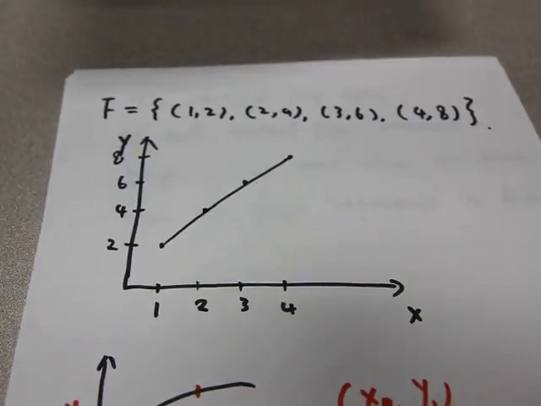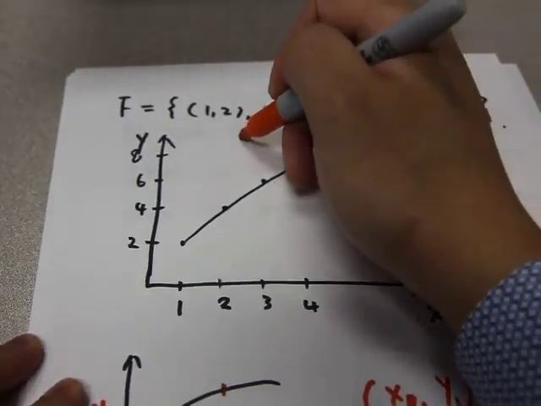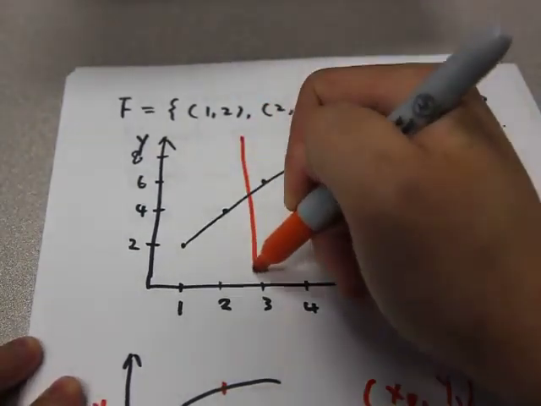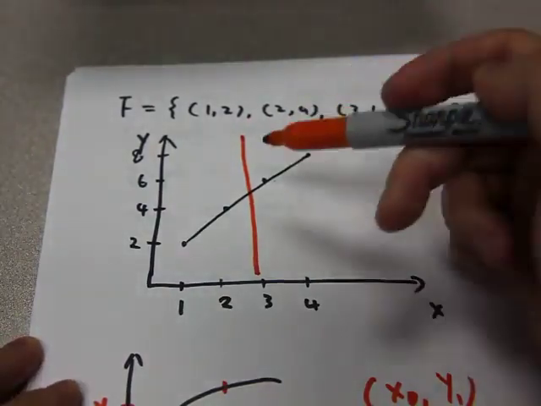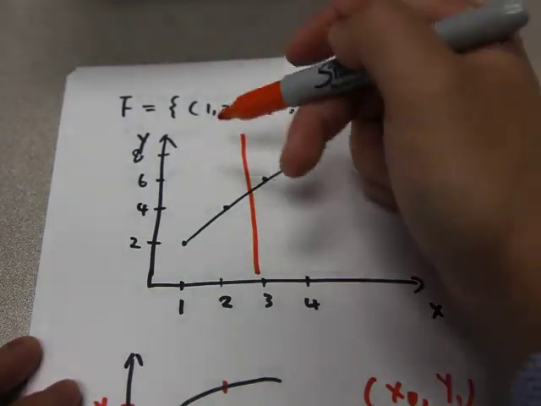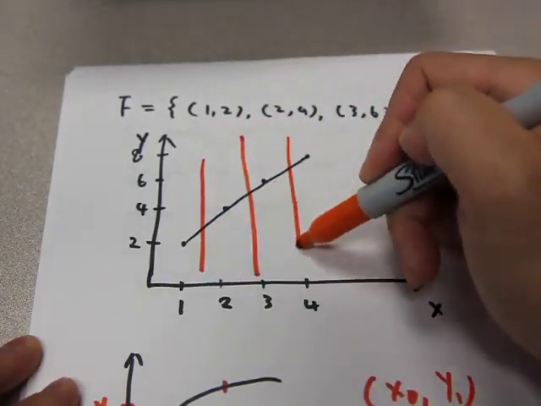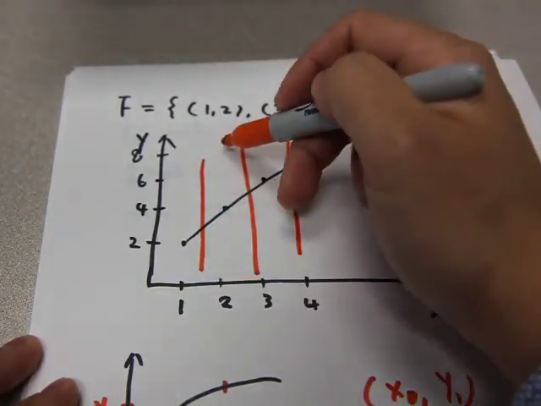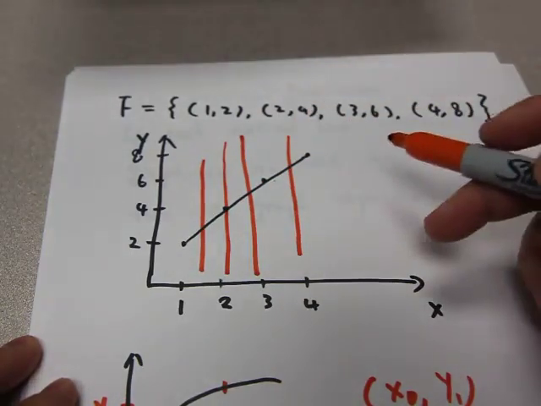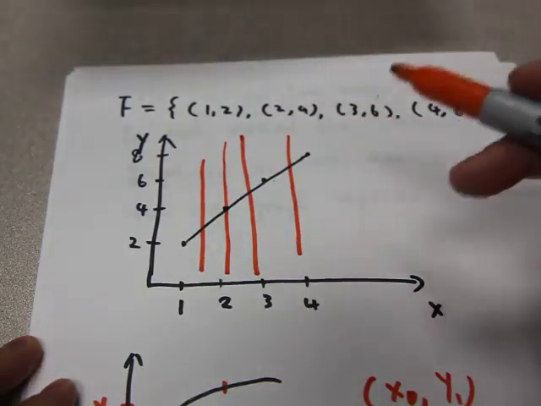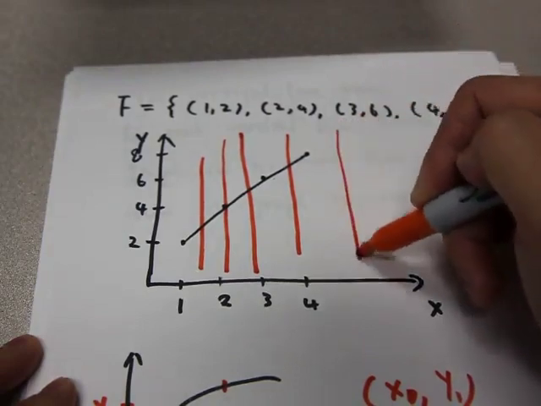So here, if I draw a vertical line, no matter where I draw this vertical line, as you can see, it only intersects at most 1 point on the graph, right?